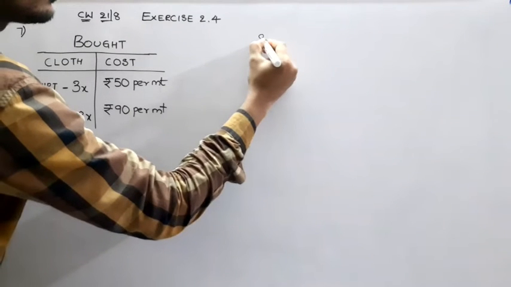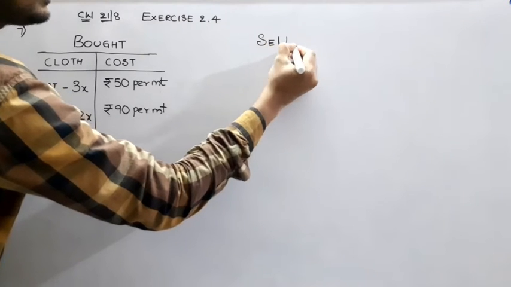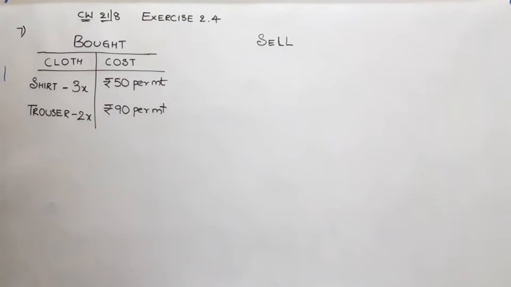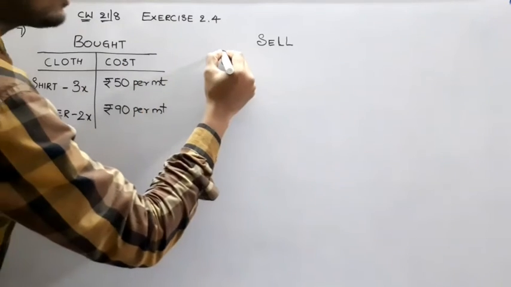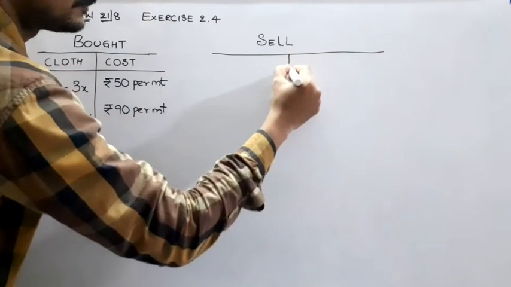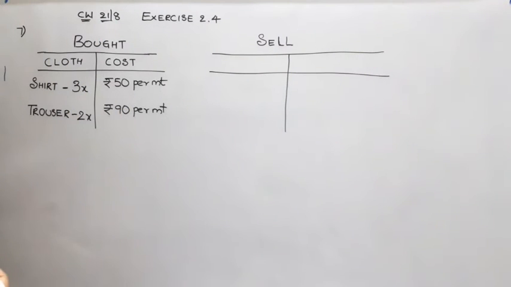Now look, the same continues with selling also. So the other case, after buying this amount of cloth at this cost, he started selling that material. Here he sells the material at 12% and 10% profit.